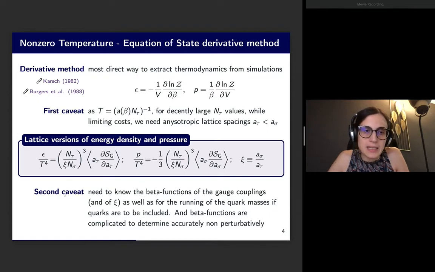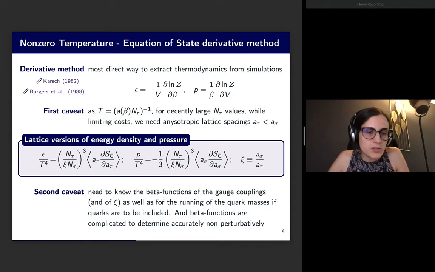And this is the second caveat of this method, because then beta functions must be determined and you can do something perturbatively, but if you want to be accurate, then you need to resort to lattice techniques also for that purpose, and the calculation is becoming very soon very complicated.